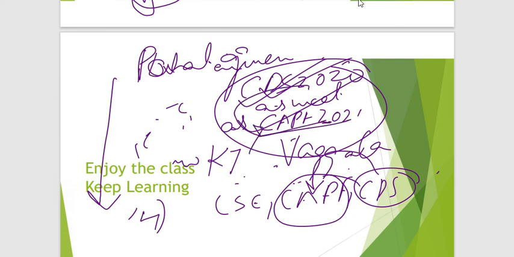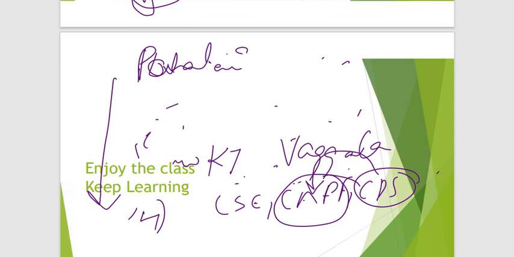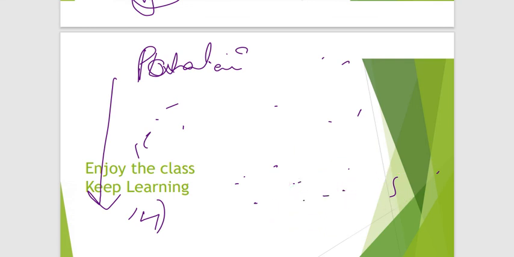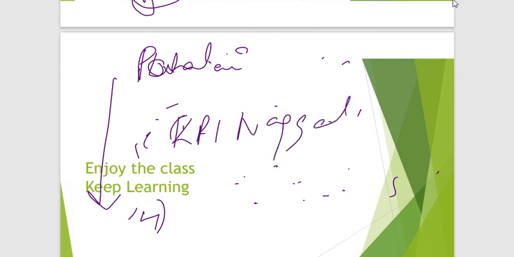Simple question. Now, what do we have? KRI Nagala. This belongs to Indonesia. It is a submarine of Indonesia.